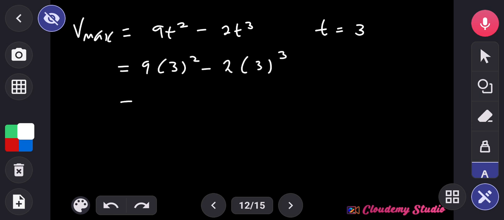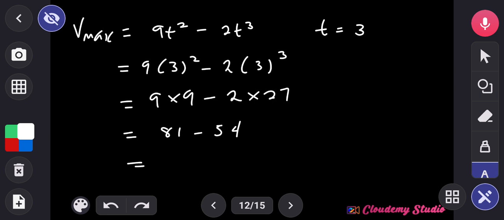And that is equal to what? That is 9 multiplied by 9 minus 2 multiplied by 27. That is 81 minus 54, which equals 27 meters per second. That's our answer for this particular question.